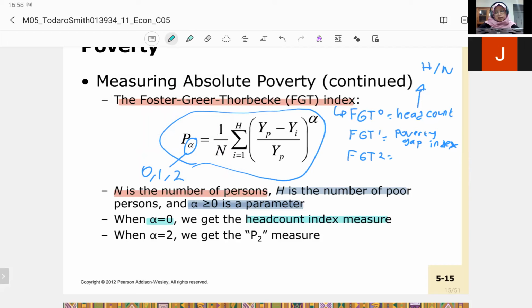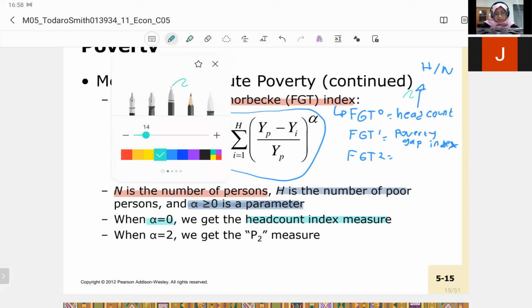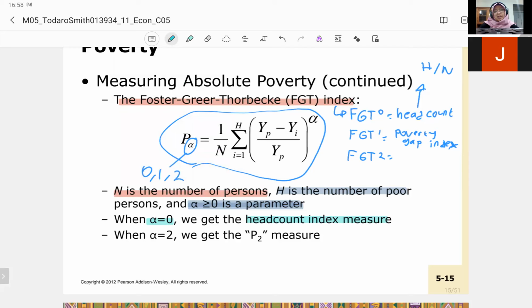If you want to have bigger weight for the poor population, like with the poverty gap index and the headcount index, you actually have a cutoff, where below the cutoff someone is defined as poor. But if you want to have a lower cutoff than that, then you use the FGT2.